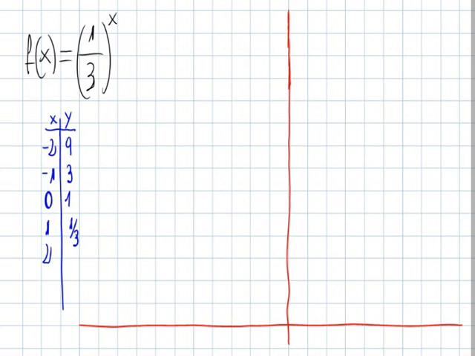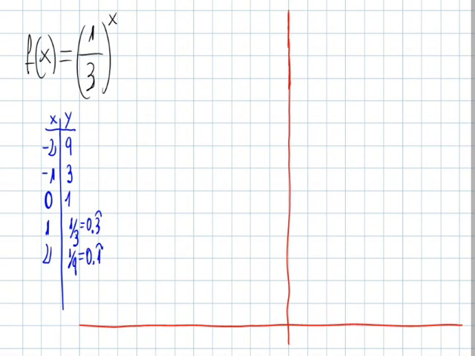This number raised to 1, that's the image of 1, is the same number, 1/3, and the image of 2 is 1/3 squared, it's equal to 1 squared divided by 3 squared, and that is 1/9. Let's write here the numbers, not the fractions, for 1/3 and 1/9. That is 0.3 and 0.1.